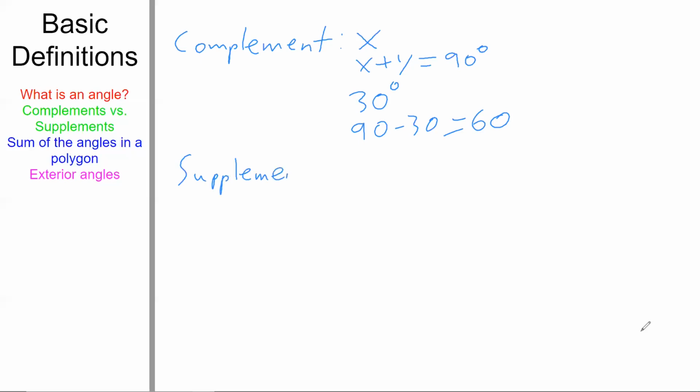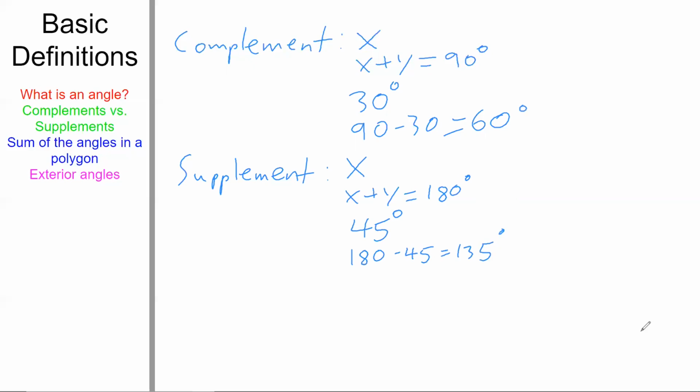Similarly, a supplement is when two angles add up to 180 degrees. So if I gave you x, then x plus y would equal 180 degrees. For example, if I said, what is the supplement of 45 degrees? Then you would give me 135 because 180 minus 45 is equal to 135 degrees.